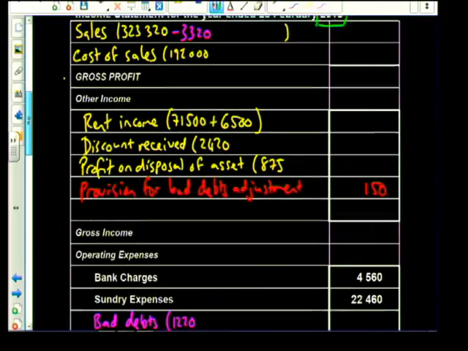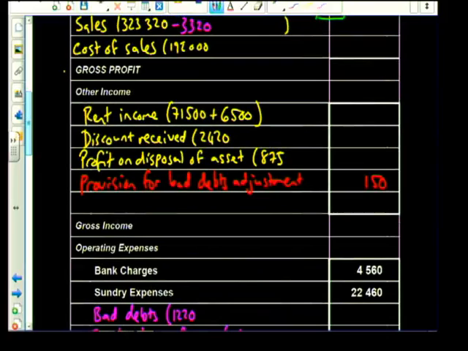And that is an income because we have decreased our provision. If we had increased our provision, we would have moved this provision for bad debts adjustment to our section on operating expenses. So make sure, mindsetters, that you know how to do that adjustment. It's an important one. It comes up time and time and time again. So that was actually our final adjustment.